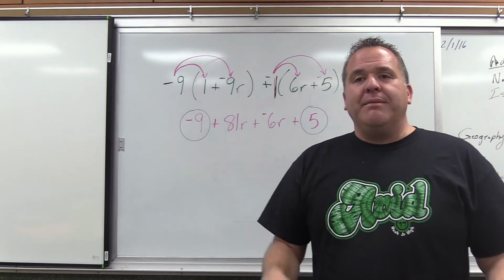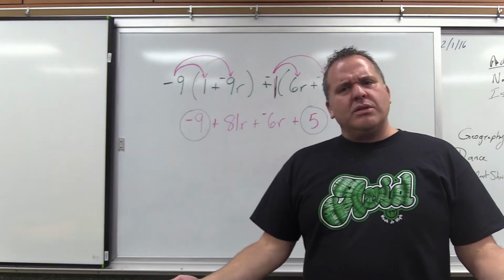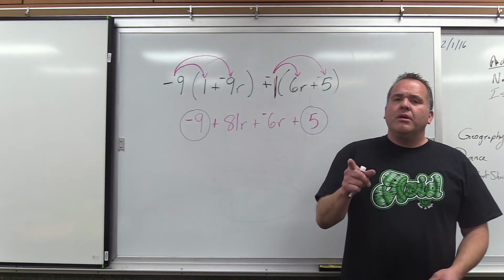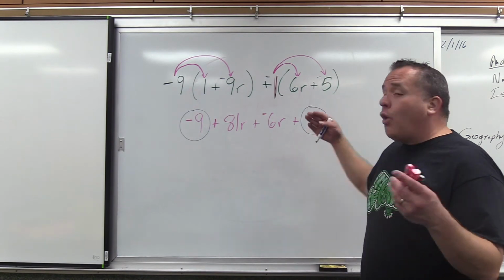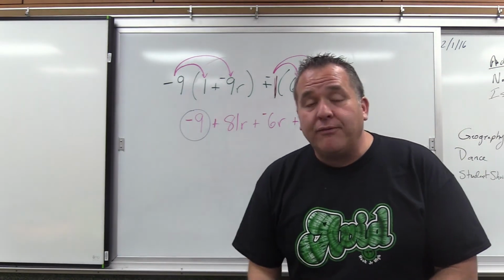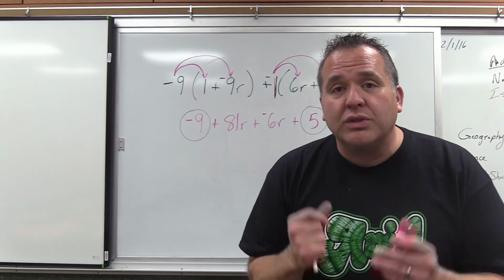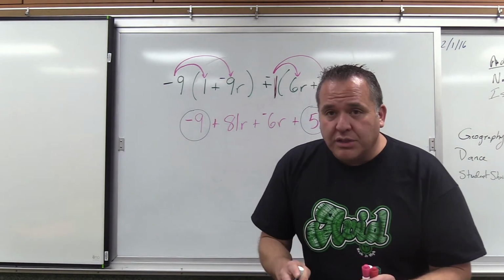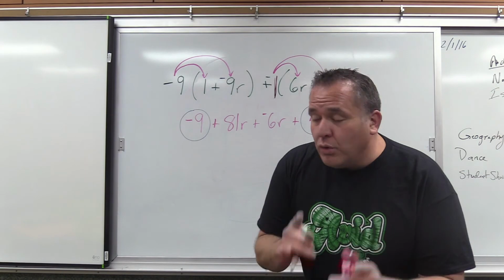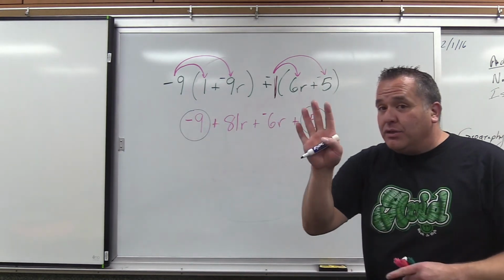Now, -9 plus 5. Do we add those numbers or do we subtract? Remember, you look to see if the signs are the same or different. These two signs right here are different. Because the signs are different, you are going to subtract those numbers. Please do not mess up your rules for addition. So you're going to subtract those two numbers. 9 minus 5 is 4.